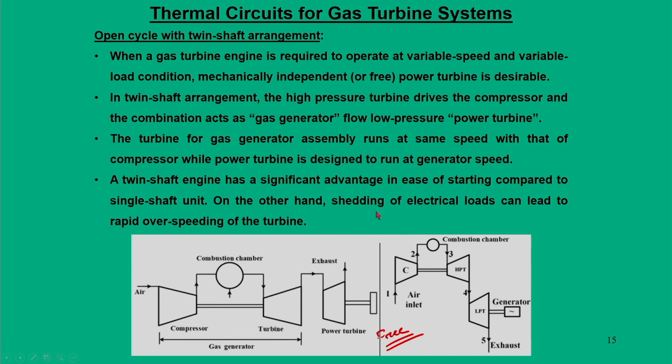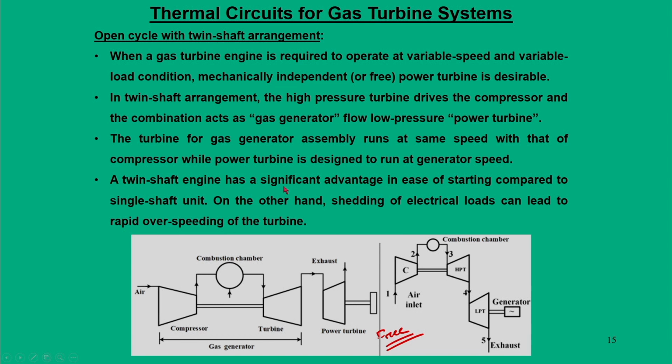There are certain advantages. The compressor and its turbine run at the same speed, whereas the power turbine can be designed to run at generator speed. Because the power turbine can run at generator speed, with a separate speed from the compressor and turbine, which run in synchronization mode.